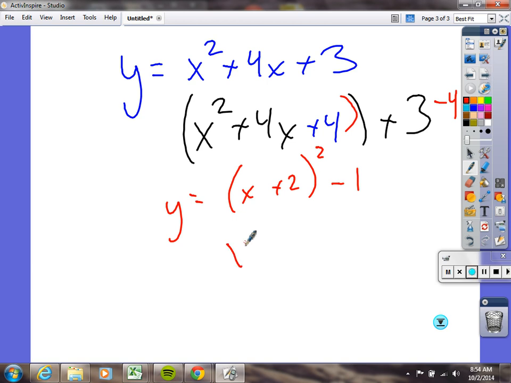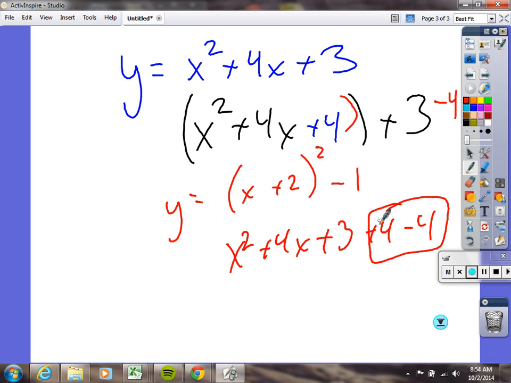If I had x squared plus 4x plus 3 plus 4 minus 4, what's this? 0. So did I change the value of what I had originally? But notice I need that plus 4 next to these guys so I can go into my binomial square, right? And so I just move this plus 4 over here because of the commutative property. I can move 3 plus 4, 4 plus 3, the same thing.